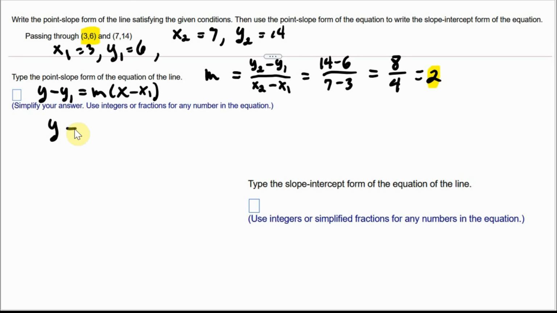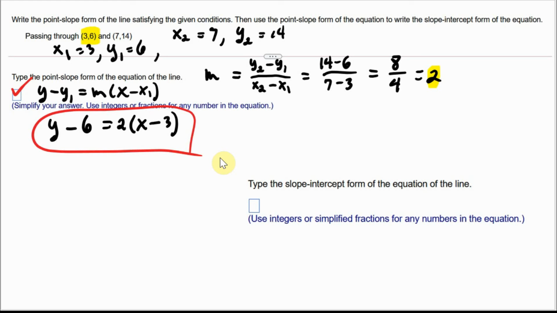So this is y minus y sub 1. I'm going to take 6. That's equal to 2 times parentheses x minus the 3. So that's what they want you to put here. And then they want you to get y by itself.